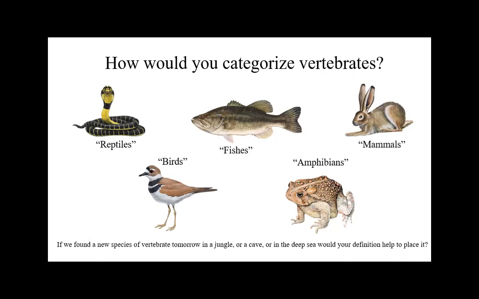What else for fishes did you guys say? So fully walking on land, but has a swim bladder like fish. Yeah? Anybody else have something for fishes? Fully aquatic and have fins.